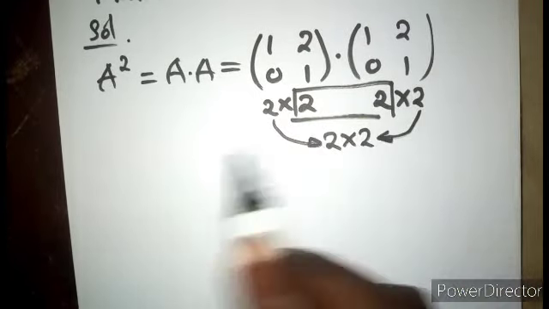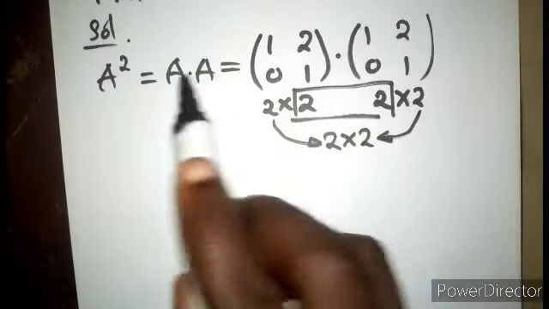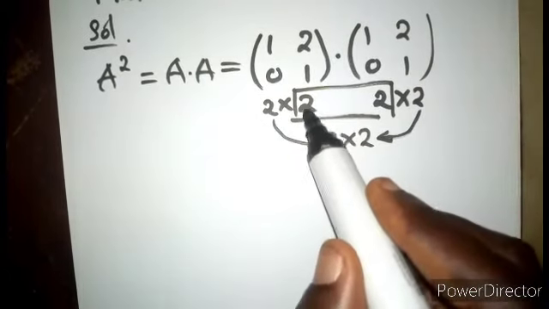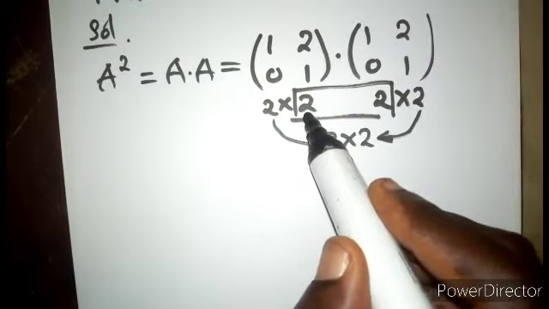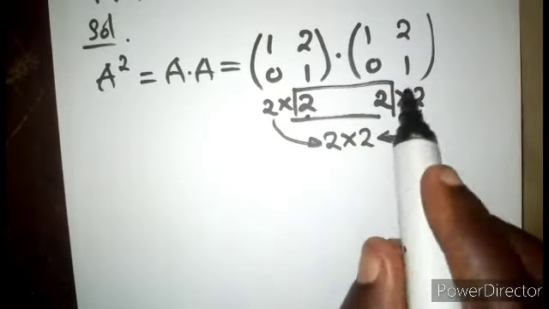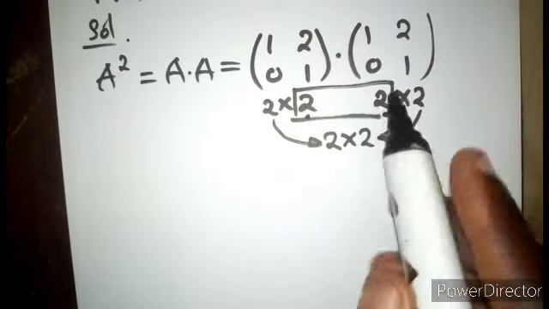Okay, so this multiplication is possible simply because the number of columns in the first matrix is equal to the number of rows in the second matrix. That's a fact.